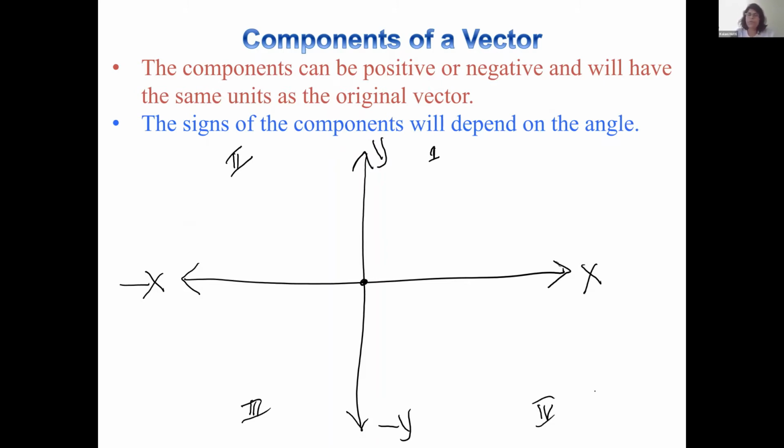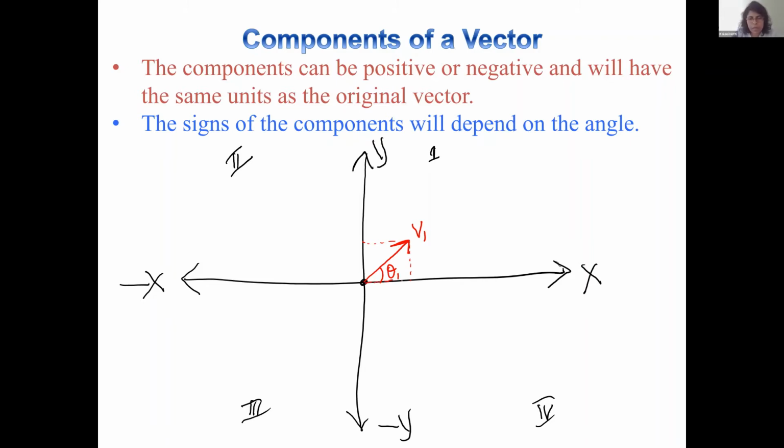Now say I have a vector in the first quadrant, vector V1, with the angle theta1 with the positive x-axis. You need to identify the components of this vector. How do you write them? You complete the parallelogram.